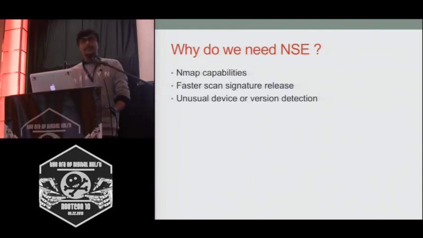And also, if you are doing some specific scanning, for example on some IoT devices, which are not very common on the internet, you would be able to build your own scan signature.